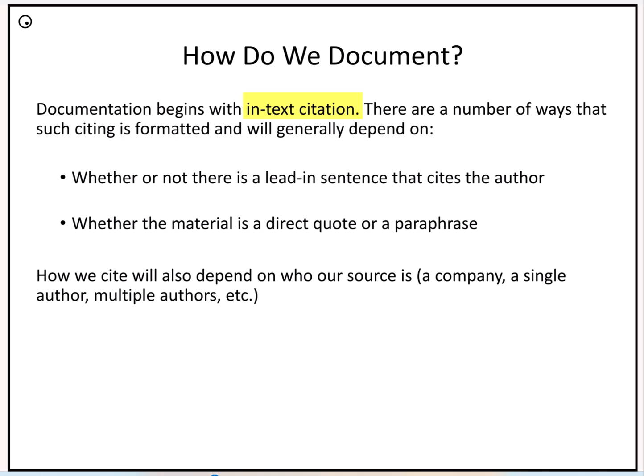That sentence is going to cite the author. Anytime you use an author for the first time in your paper, you should have a lead-in sentence that cites who they are. And then it will also depend on whether the material is a direct quote or a paraphrase. We're going to talk about this in detail.